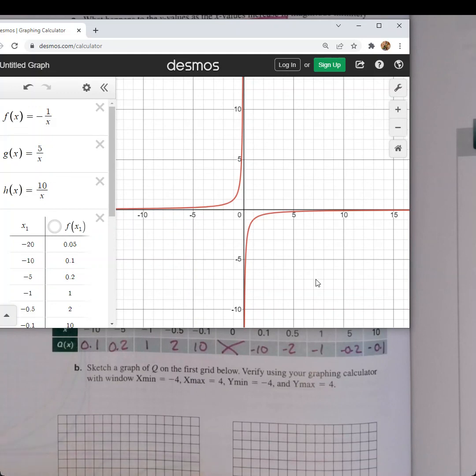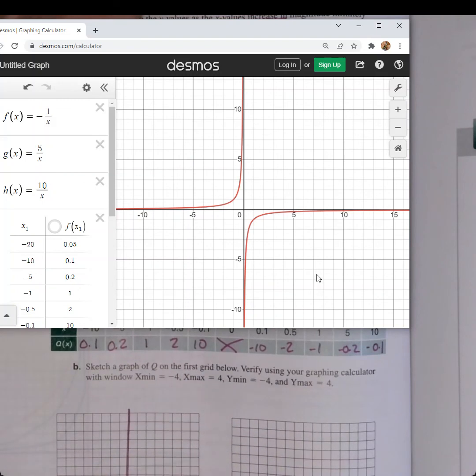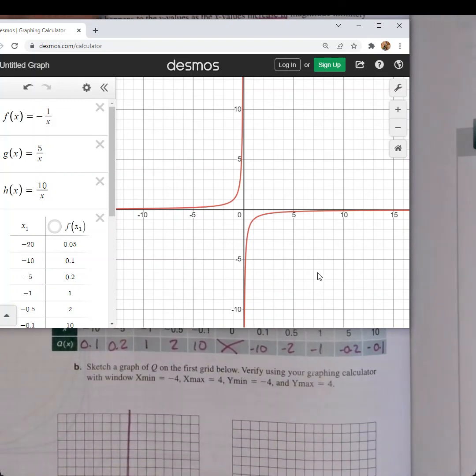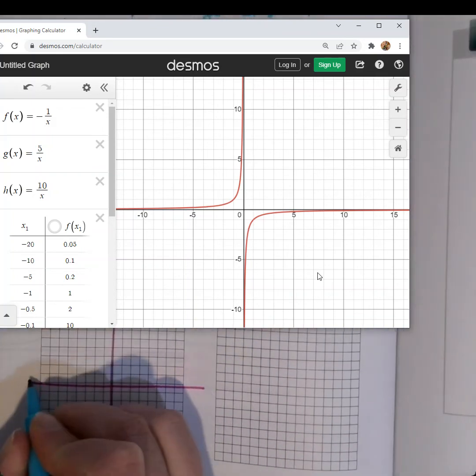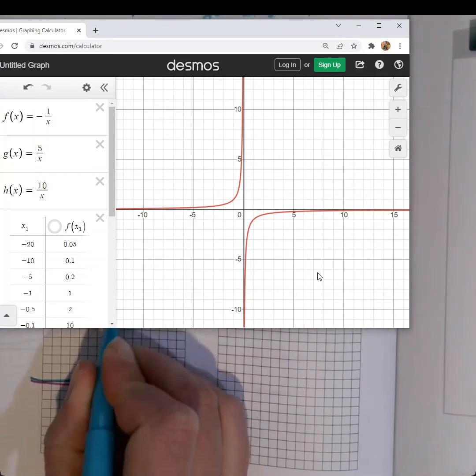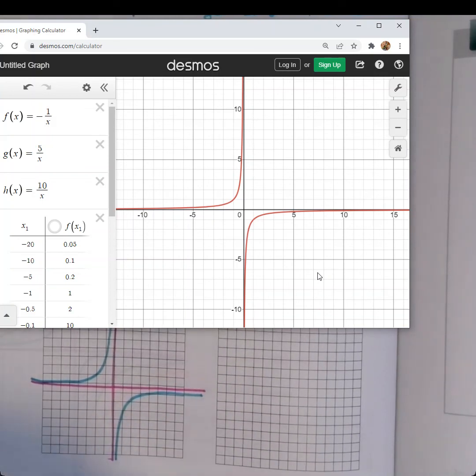Okay, so quick sketch. I'm going to draw in axes. My sketch is going to show that my graph looks similar to what we previously experienced, but it's in different quadrants because of the negative coefficient.